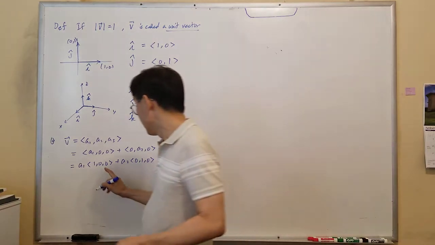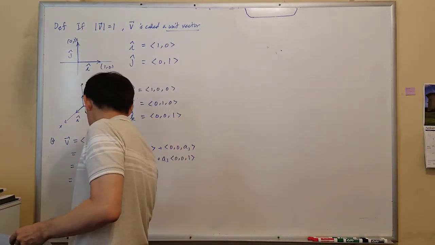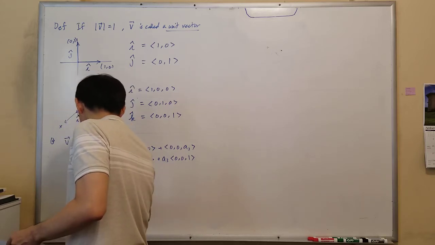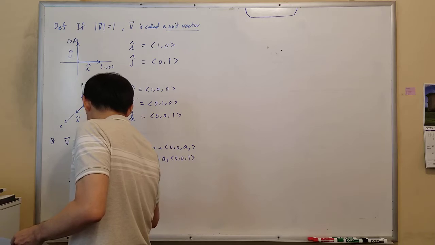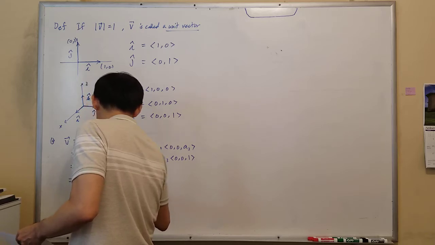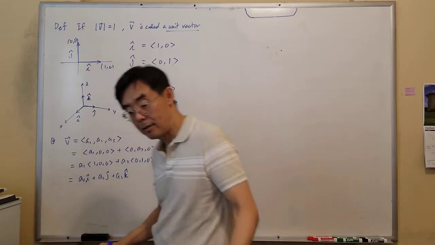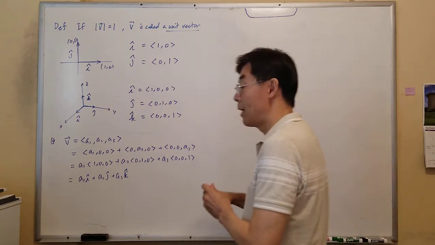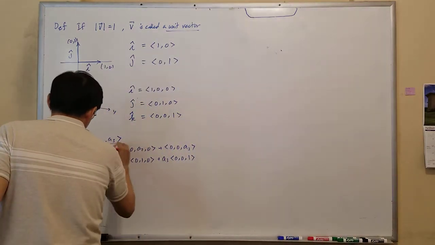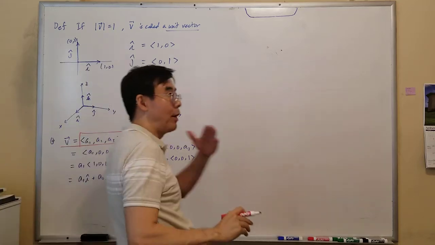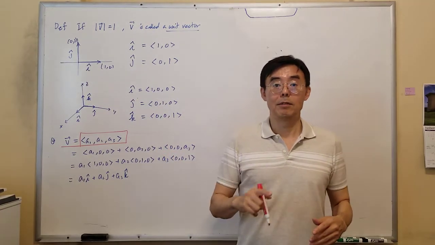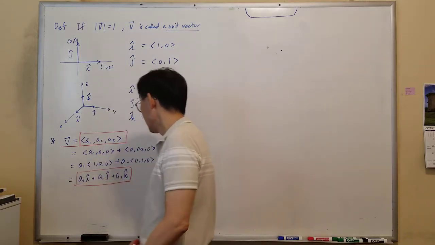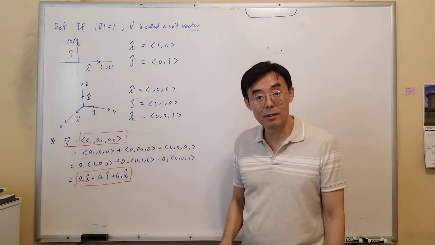And then, what is (1, 0, 0)? That's precisely I hat, right? I hat, J hat, K hat. So, in order to describe the component form of a vector V, you can use angular brackets A1, A2, A3, or A1 I, A2 J, A3 K. It's the same thing, actually.